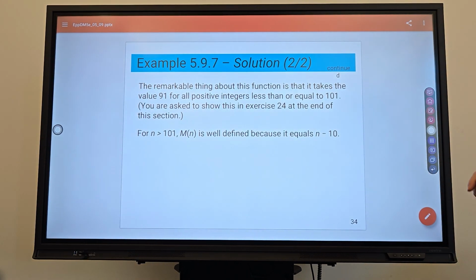The remarkable thing about this function is that it takes the value 91 for all positive integers less than or equal to 101. This is an exercise at the end of this section. For n greater than 101, M of n is well defined because it equals n minus 10.